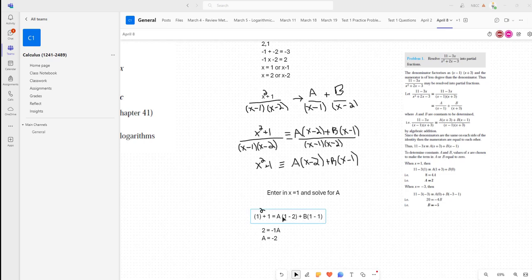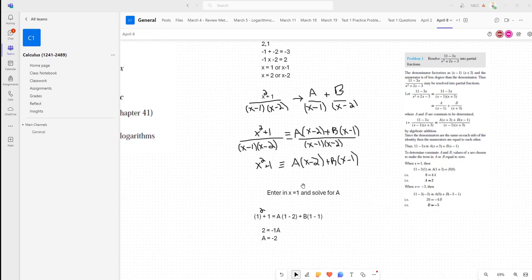So this term cancels. What we're left with is a times 1 minus 2, which is minus 1. On the left-hand side, we have 1 plus 1, which is 2. Divide by minus 1 both sides. a is equal to minus 2. So that is the answer for the first one.